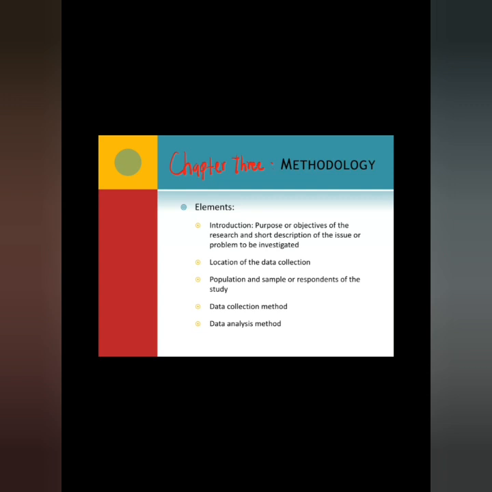And then the location of the data collection, the population or sample, or we call it the respondents of the study, the data collection method, and also the data analysis method.